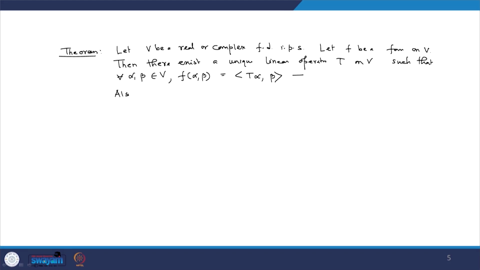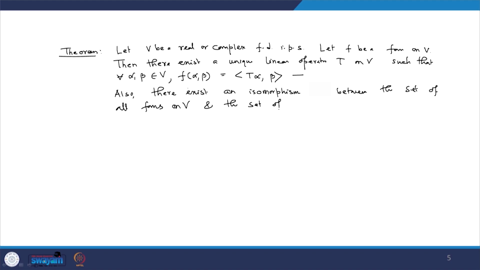Also, there exists an isomorphism between the set of all forms on V and the set of all linear operators on V, that is L(V,V).